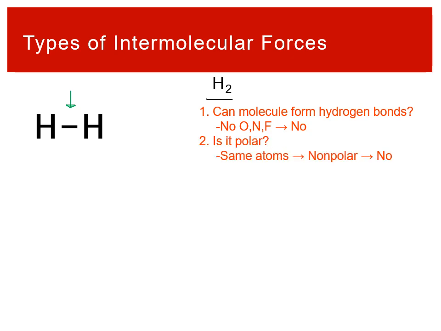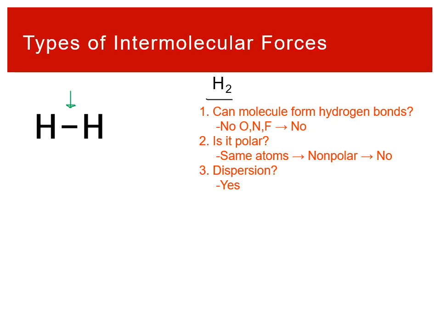Is it polar? Well, this is just 2 atoms, so it's a single bond. Is the bond polar? These are the same atoms. It's non-polar, so no, it's not polar. Can this molecule do dispersion? This answer is always yes. Every single molecule. The prerequisite for doing dispersion is having electrons.